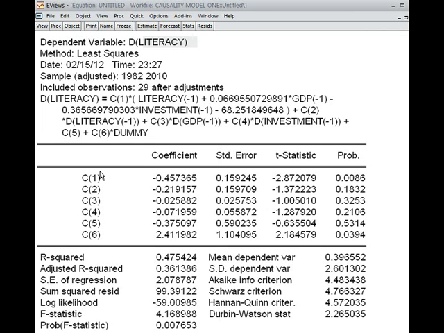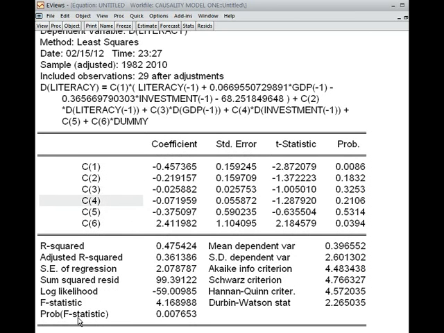And here what is happening, you see C2, C3, C4, they are not significant individually, but jointly they are significant. Why?